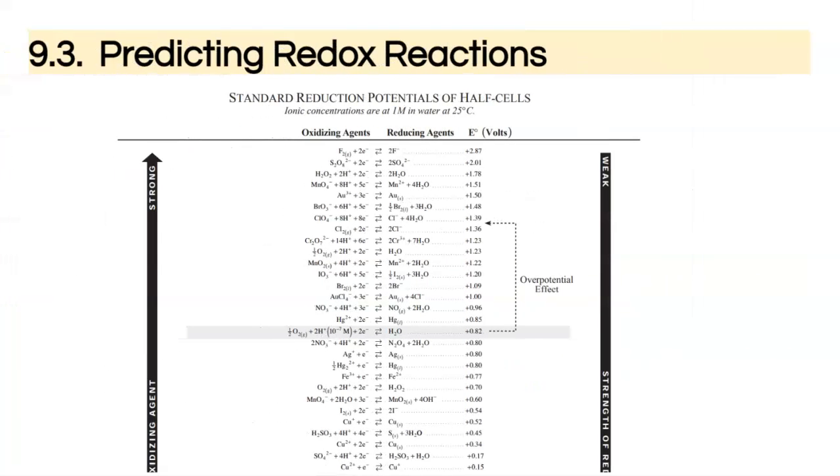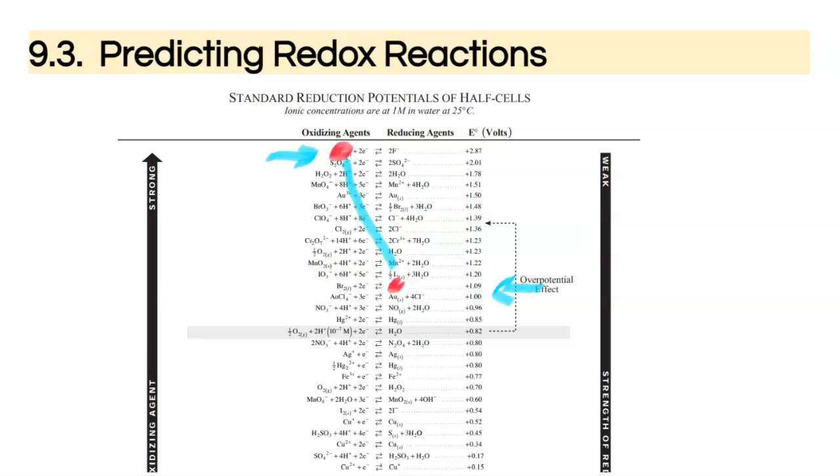And so imagine, for instance, that I identified that F2 right here was my strongest oxidizing agent, and for instance, Br minus was my strongest reducing agent. I can see very clearly that my OA is above my RA, and so that would be spontaneous because they're positioned like that.